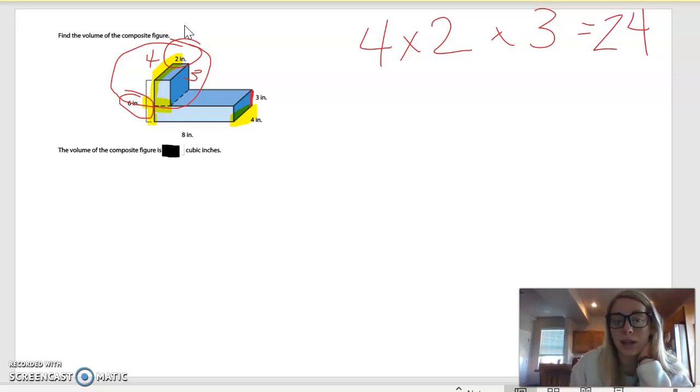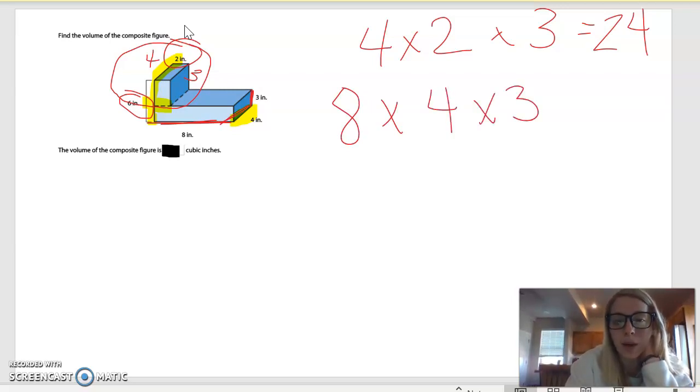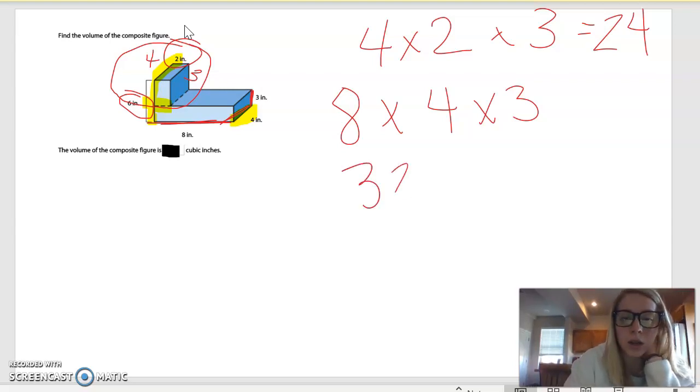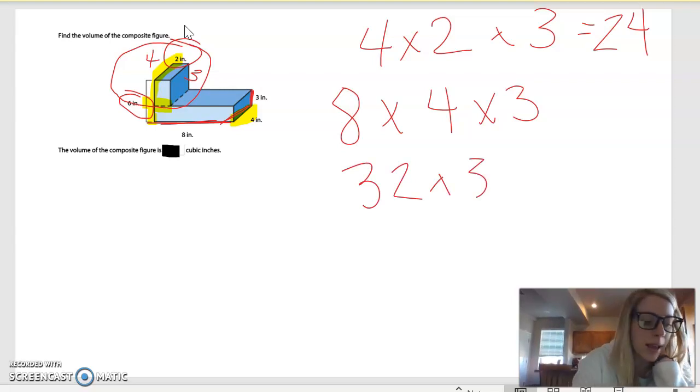Now let's find the second rectangular prism. So easily enough, we can do 8 times our width of 4 and times our 3. So that was pretty easy to see. We didn't have to do any subtracting there, okay? So 8 times 4 gives us 32, multiplied by 3 gives us 96.